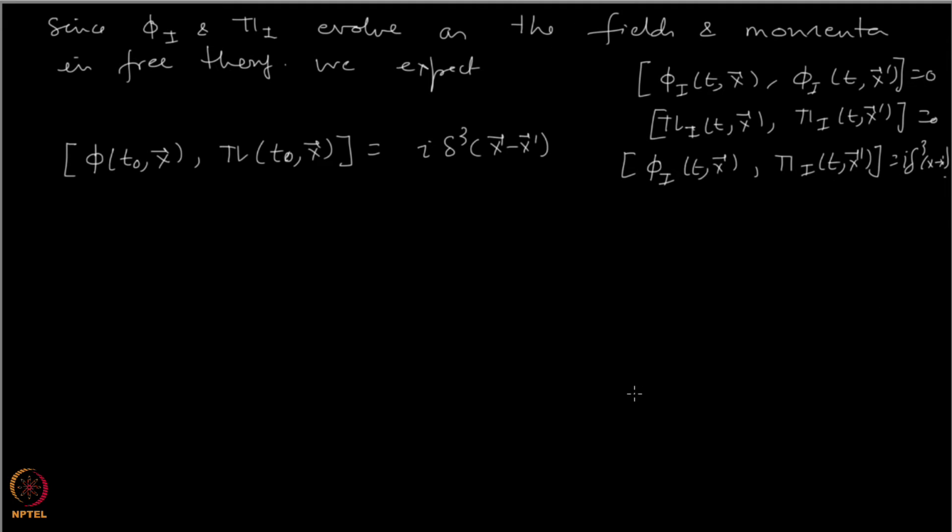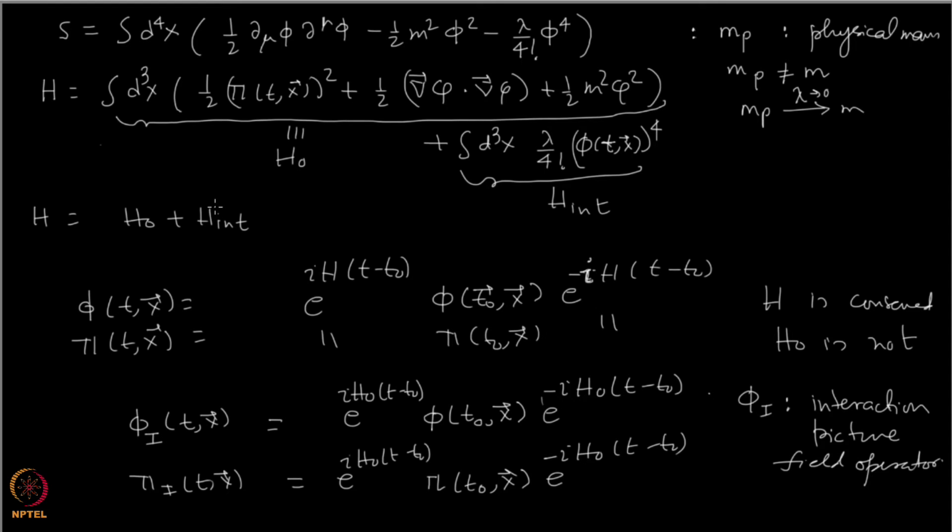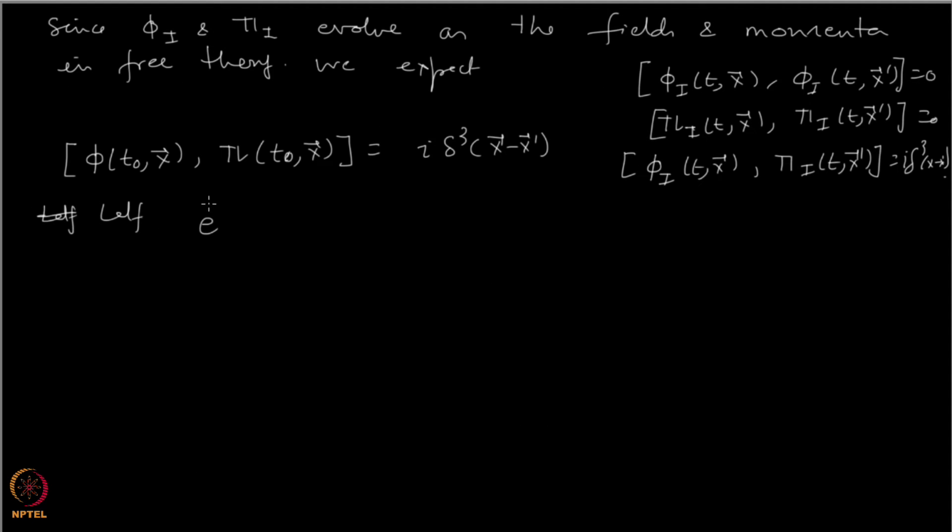I will use this, and in this expression I will multiply on the left with e to the i H naught (t minus t naught), and on the right I will multiply with e to the minus i H naught (t minus t naught).